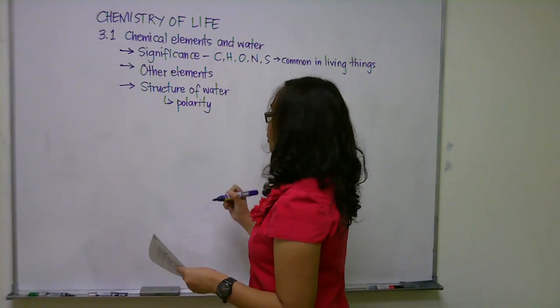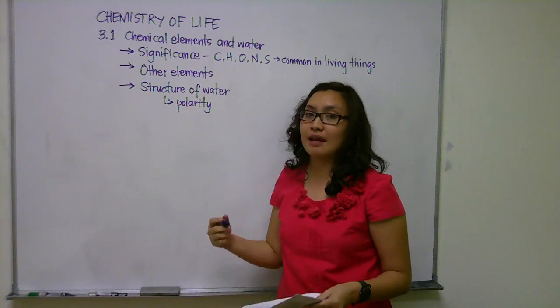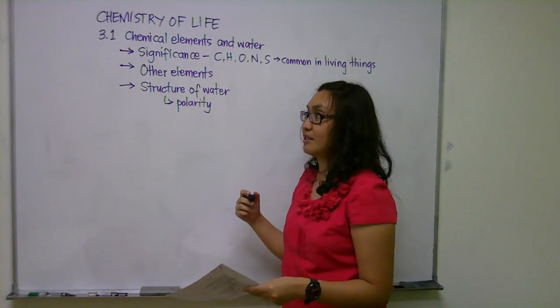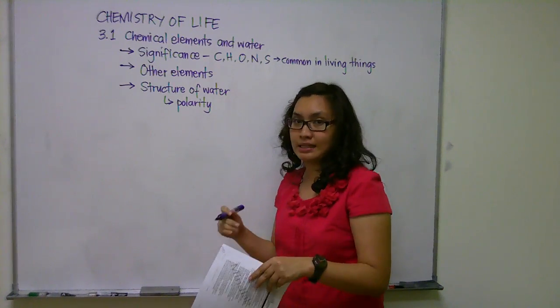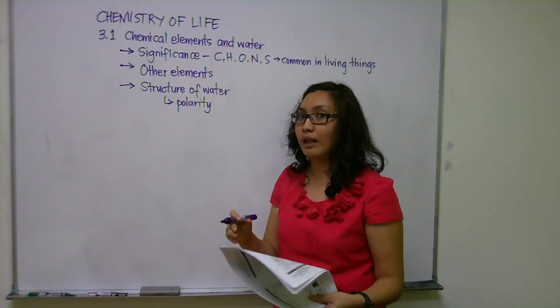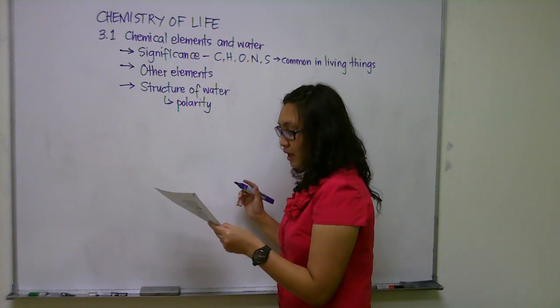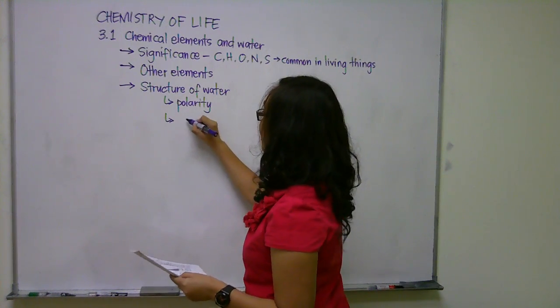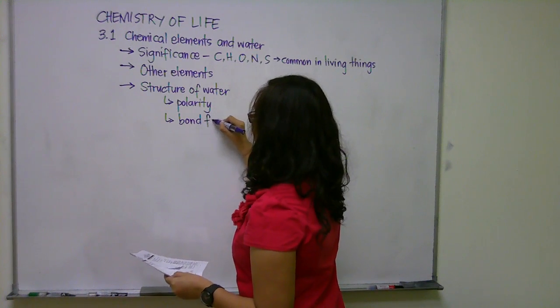Okay. And so when you say polarity, if a student does not have any background in chemistry, then you have to explain in layman's terms that a polar structure has this type of structure while a non-polar structure has this type. Okay? It should also include the bond formation.